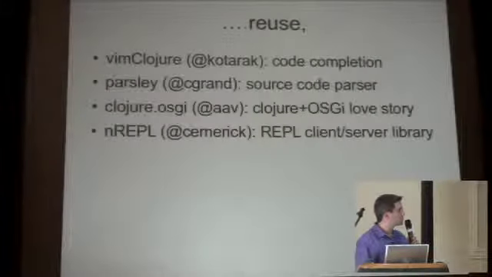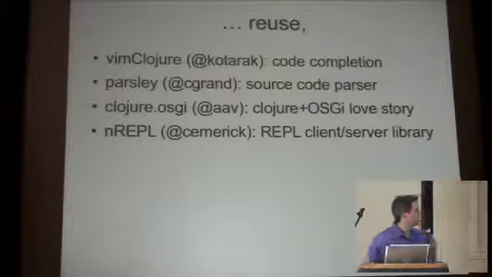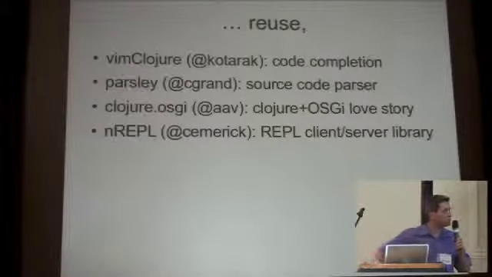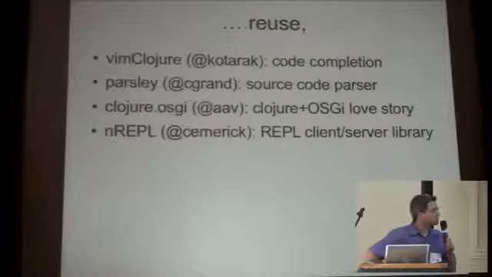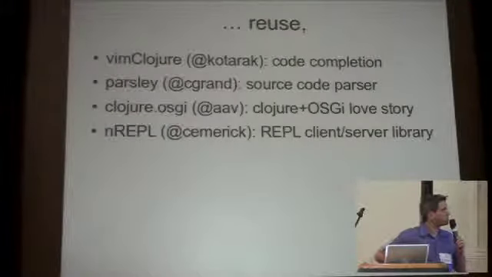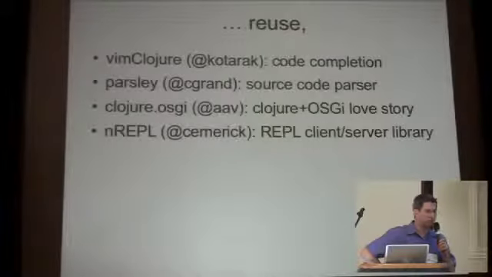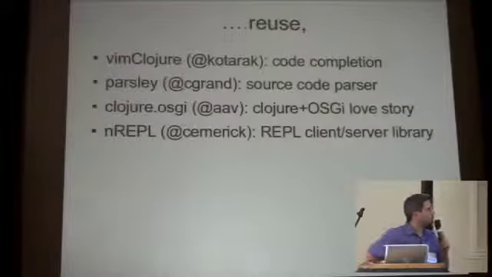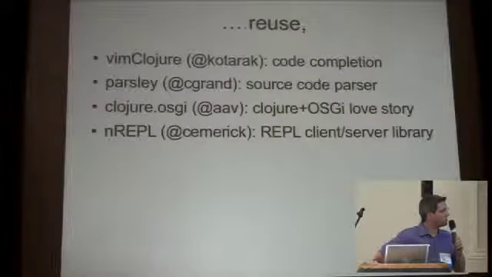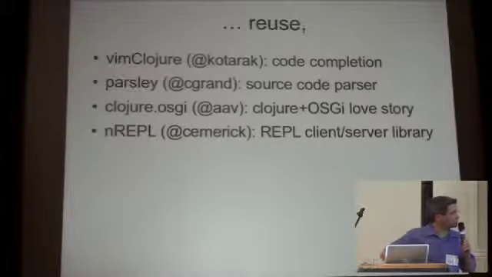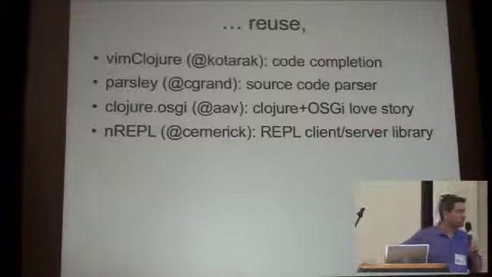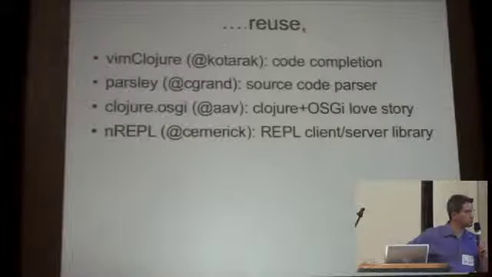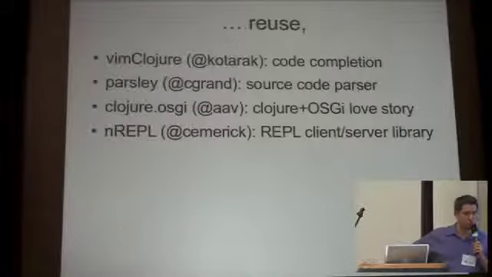It's also about reuse. Coterac, Vim Clojure provided some pieces of code for the code completion. I've borrowed the Parsley source code parser from Christophe Grand, which is the building block of the structural edition mode. I've been working with AAV on Clojure OSGi, and it's a project which is really quickly growing and which is trying to give a real Clojure and OSGi story.